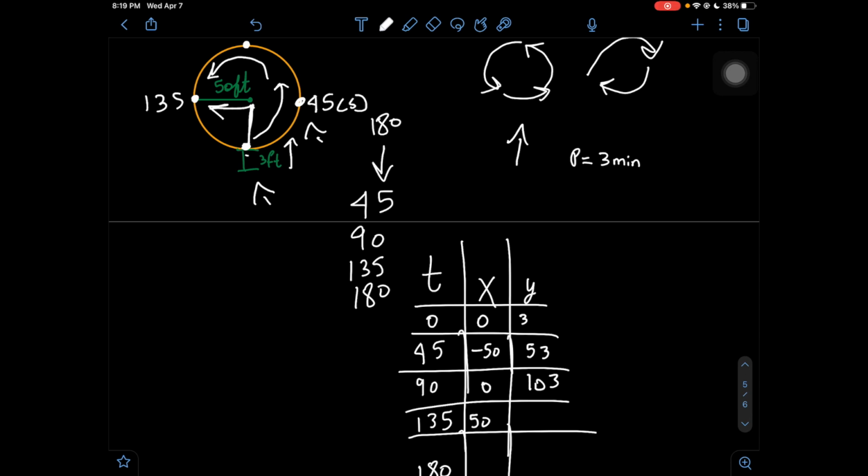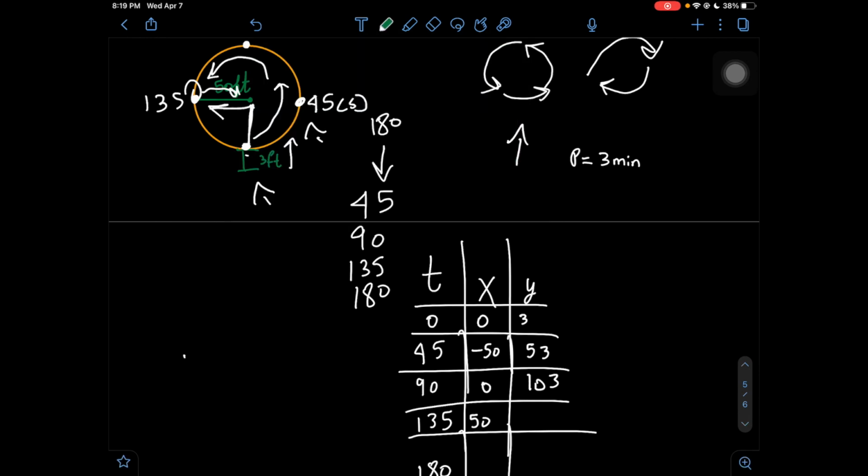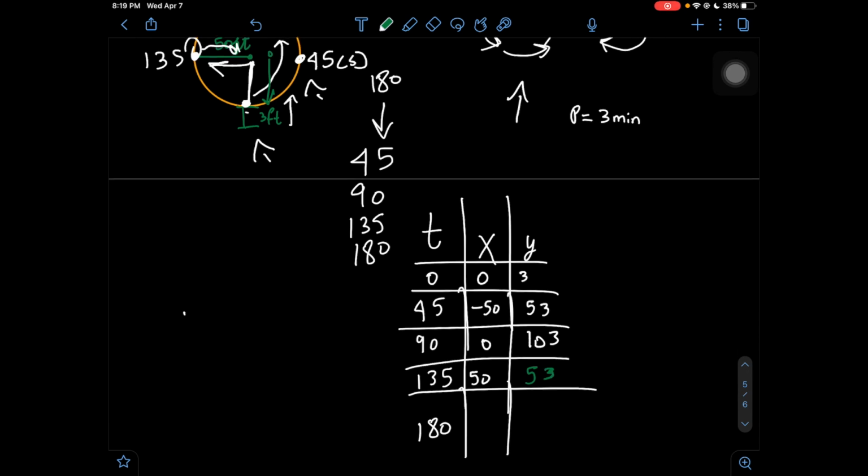And since we know that from 135, or this edge to the center, is 50 feet. That's how we got x. But since we're looking at our y, we know that this segment from the center right here, or to the edge of the circle, is going to be 50 feet as well. And then we'll raise 3. 50 plus 3 is 53. That is our y value of 135.